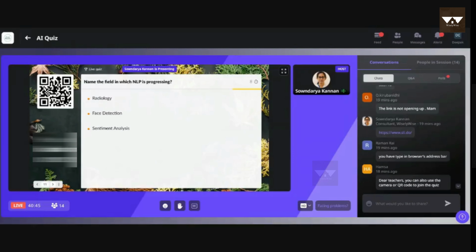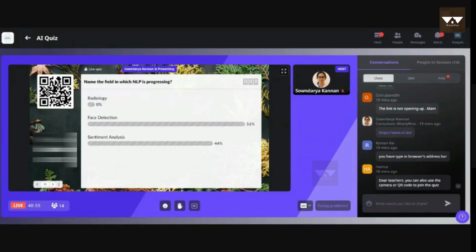The timer is running up, so you can quickly choose one right answer. Okay, there are 2 answers which have been given by you all, face detection and sentiment analysis, but we'll see what the right one is.